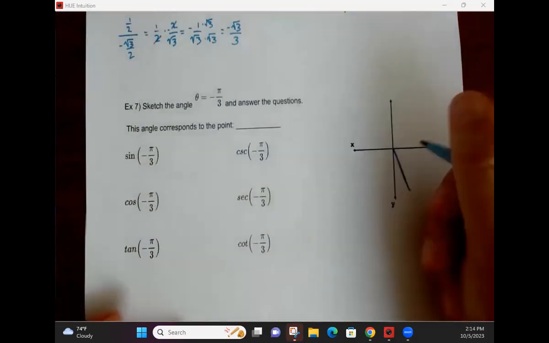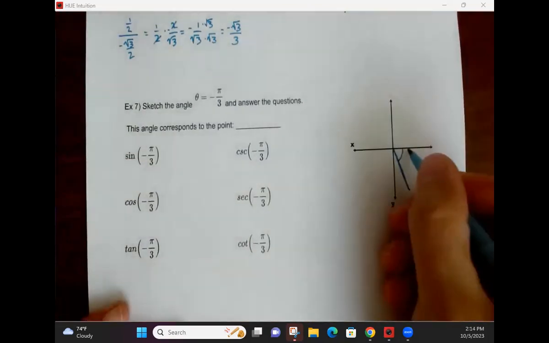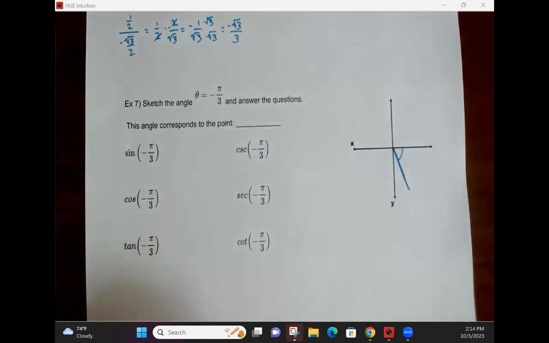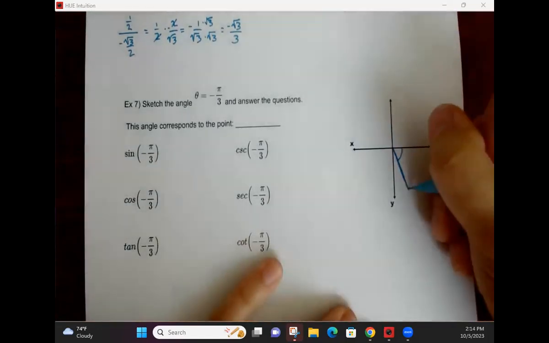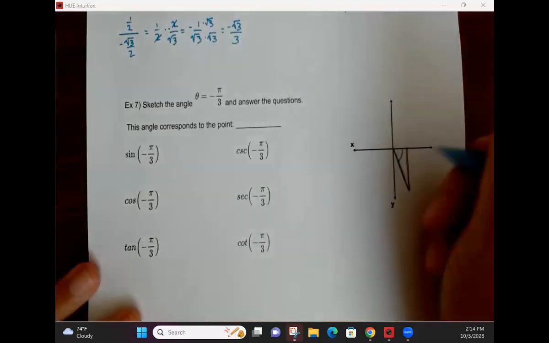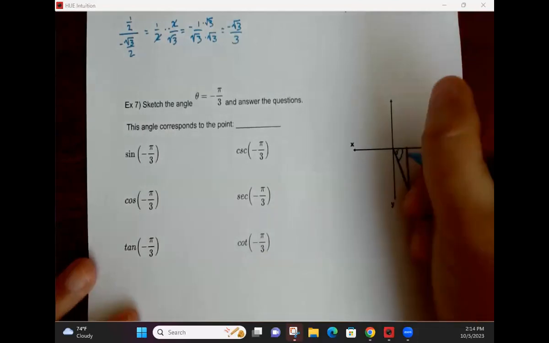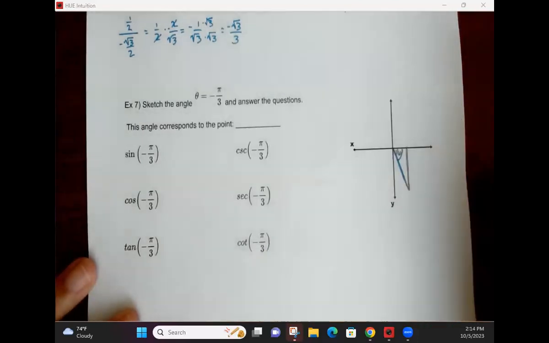So that angle that I've drawn would be clockwise, right? Since it's -pi over 3. And then I'm again going to drop down my side for my triangle. My little reference angle here, if we think about our special right triangles, would be 60 degrees.